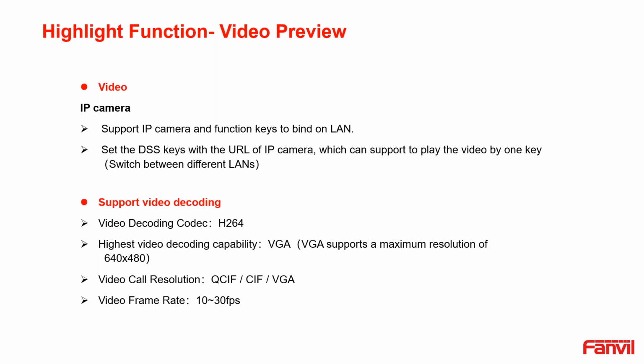Then we will receive an RTSP stream or RTP stream, and then display the video on the LCD screen. For X7 and X7C, since we have a larger LCD screen, we will display them better than X6. For X210, the video capability and display effect will be the same.